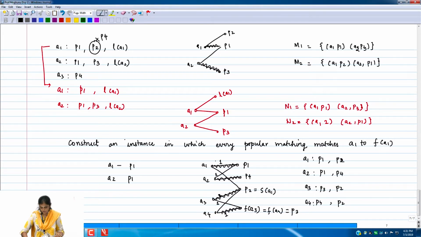If you do this, you will get another popular matching, but that popular matching also matches A1 to P1, right. So it has given a nice S post, but it has cleverly put an S post which it can never get, and suppose it knew all of this, then it could choose this P2, right. Right now we have done it the reverse way, we have engineered this instance to show that this can be done.